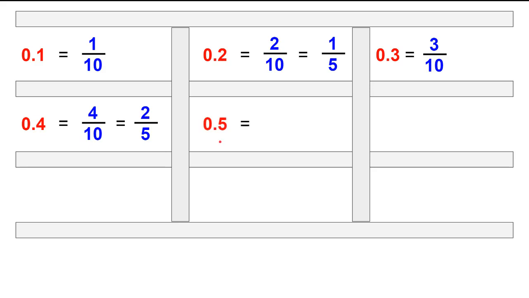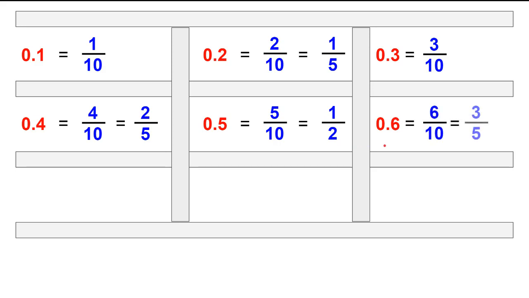0.5, I hope you know it by now. It's 5 over 10, which is 1/2. 5 out of 10 is 1/2. And you get to it by dividing the 5 by 5 and the 10 by 5. 0.6 is 6 over 10.